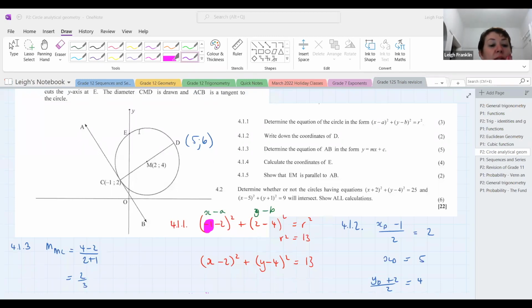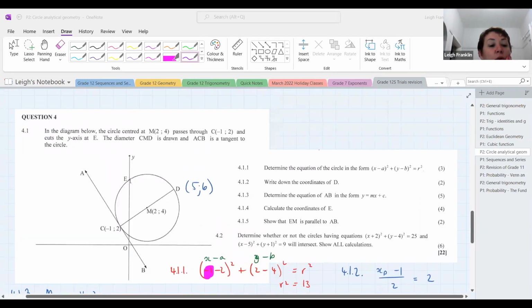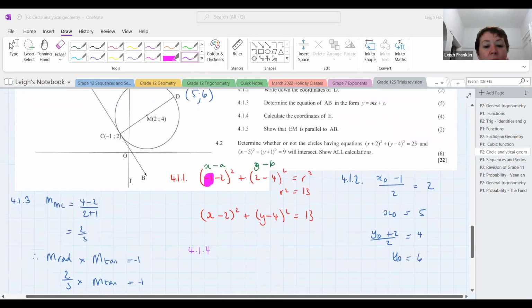Okay, so if E is a point on the y-axis, we know that at E, x has to be equal to 0. So we need to solve for y and make x equal to 0. Does that make sense? So we're going to use our formula from here, make x 0, and then solve for y.